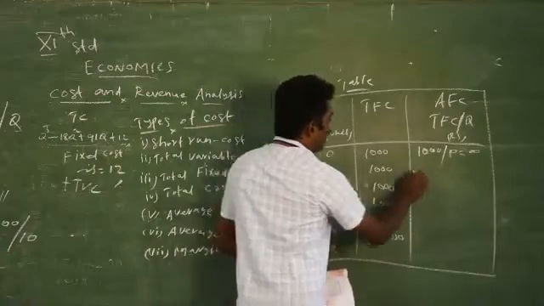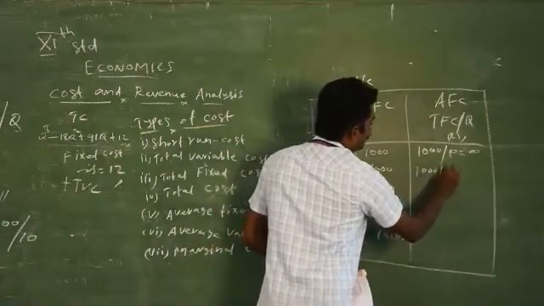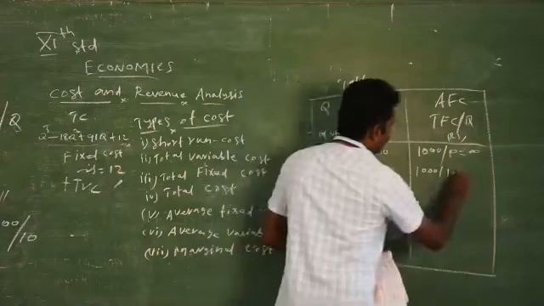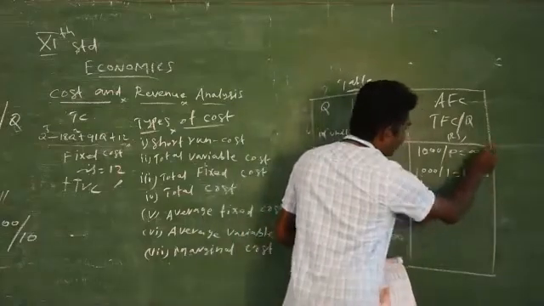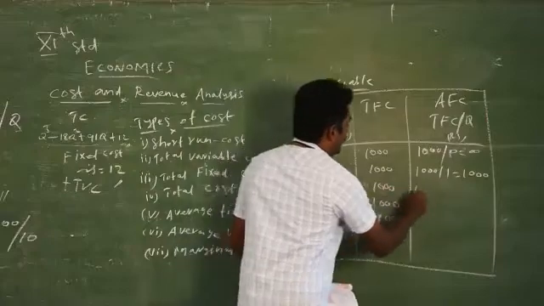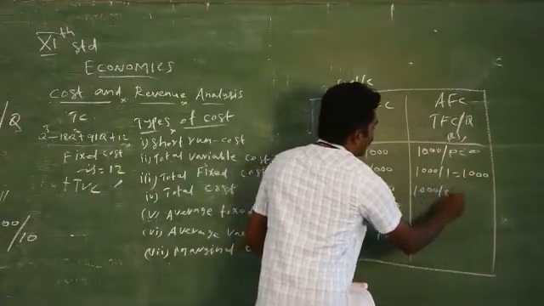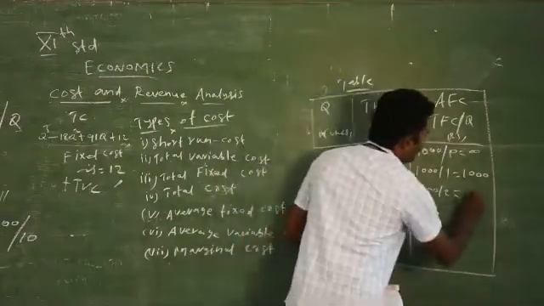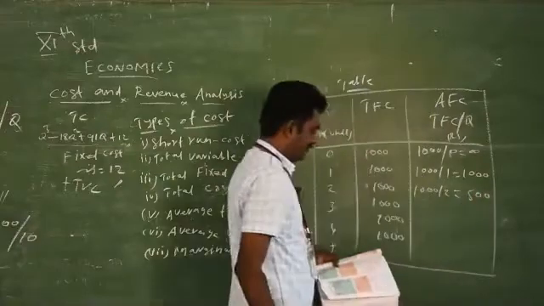That's 1000 by 1, 1000 average fixed cost. That's 1000 by 2, 500.